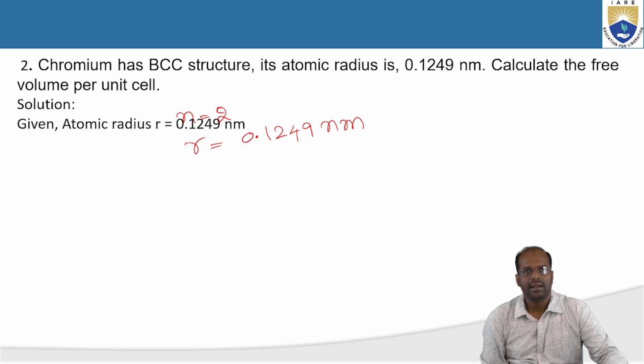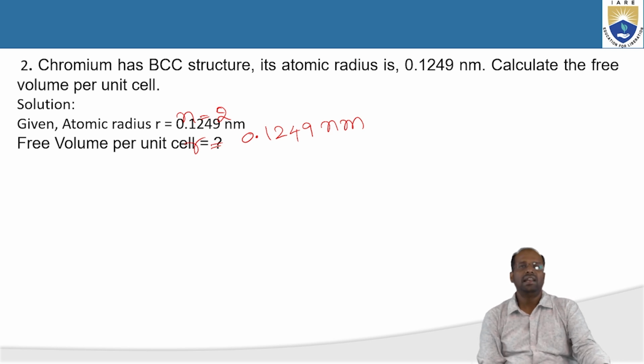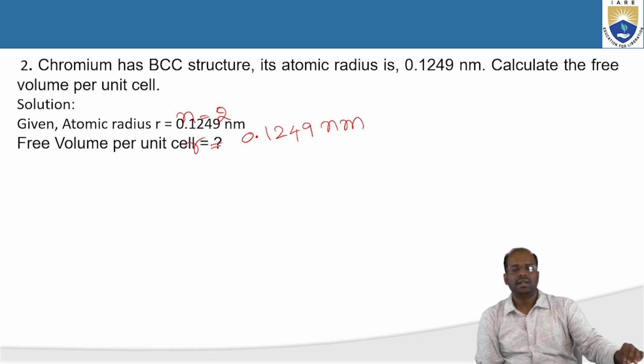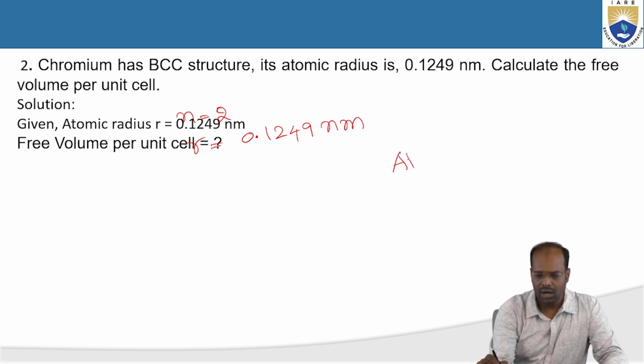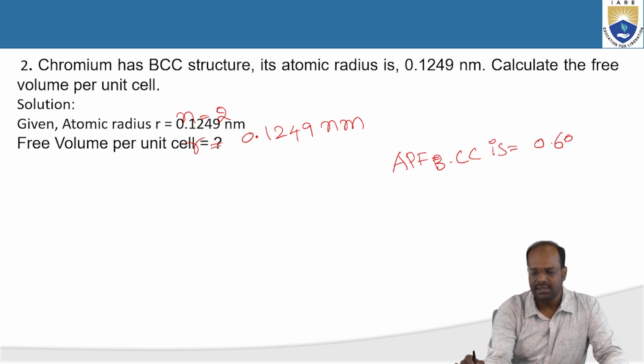We take the atomic radius R as 0.1249 nanometers, and we need to calculate the free volume of the unit cell. The free volume of the unit cell is what is left over from the total volume of the body centered cubic structure after the occupied part. The atomic packing fraction of a body centered cubic structure is 0.68.